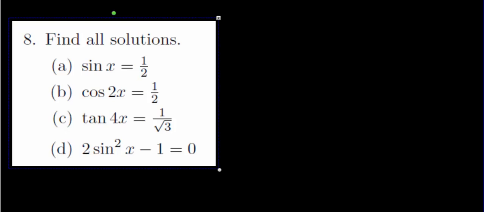I'm not requiring that. And the easiest way to do this, like for example, this first one, is just say, well, x is equal to pi over 6 plus 2k pi, where k is an integer. Or 5 pi over 6, where k is an element of the integers.